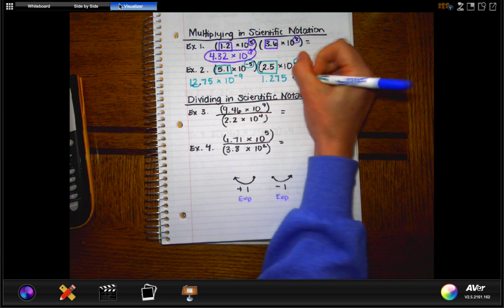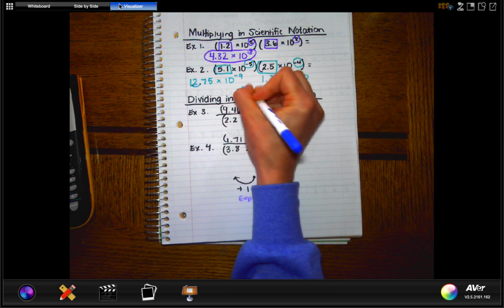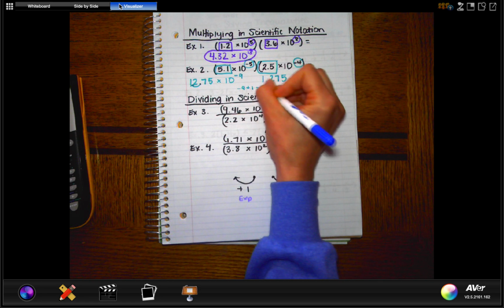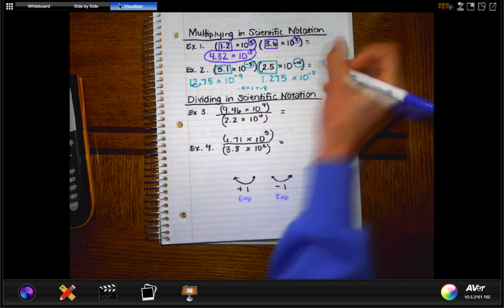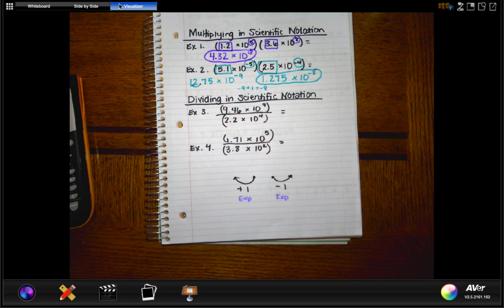So times 10, negative 9 plus 1 equals negative 8, so that's my new exponent, and this is my answer in scientific notation. Okay, moving on then. So that's it for multiplication. Those are the rules there.